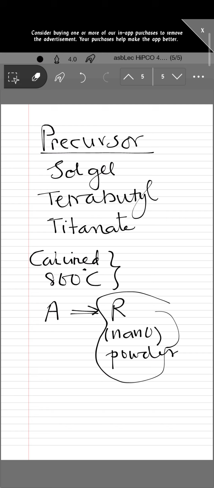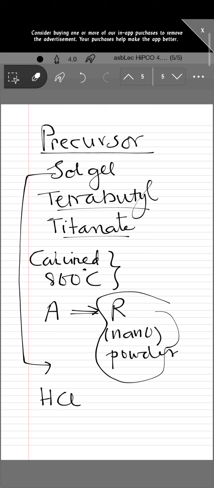Now, different combinations of precursors can be used. And the advantage of using sol gel is you don't require very high temperature. It can be used at a lower temperature. Catalyst in this case is HCl, and the ratio of HCl and water is taken as 50%.